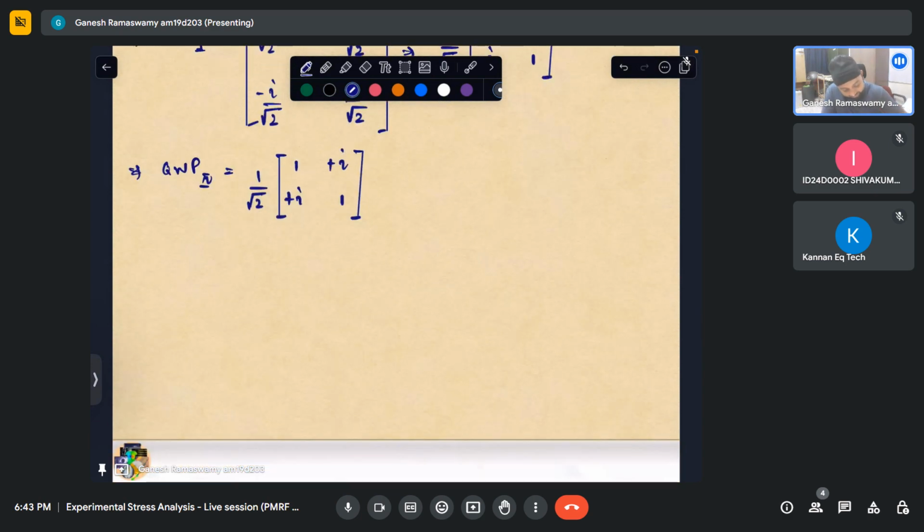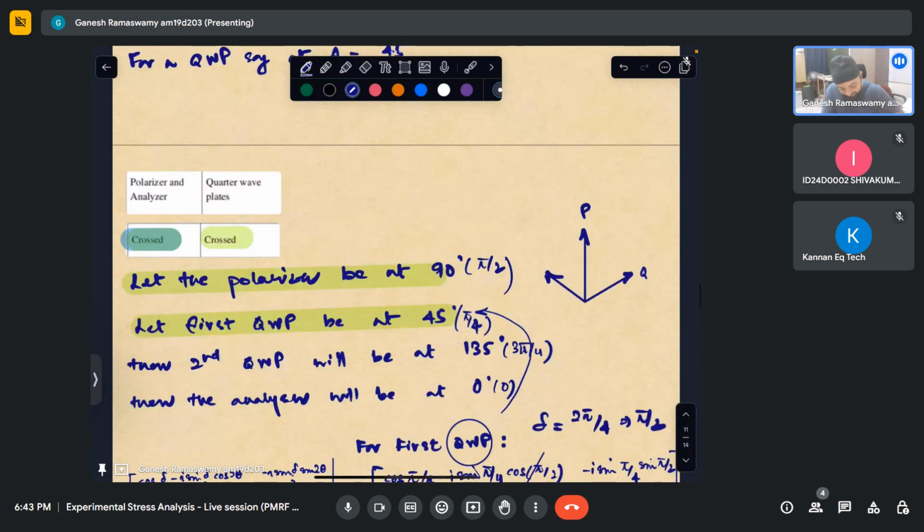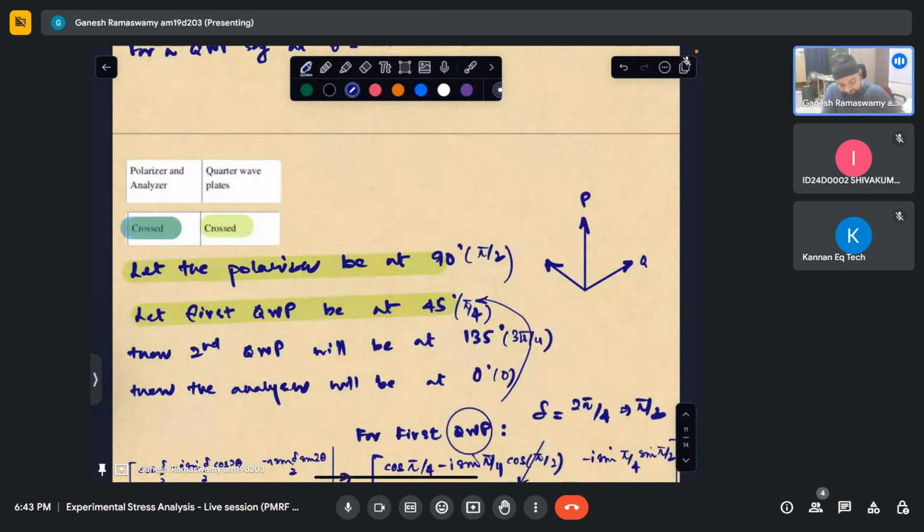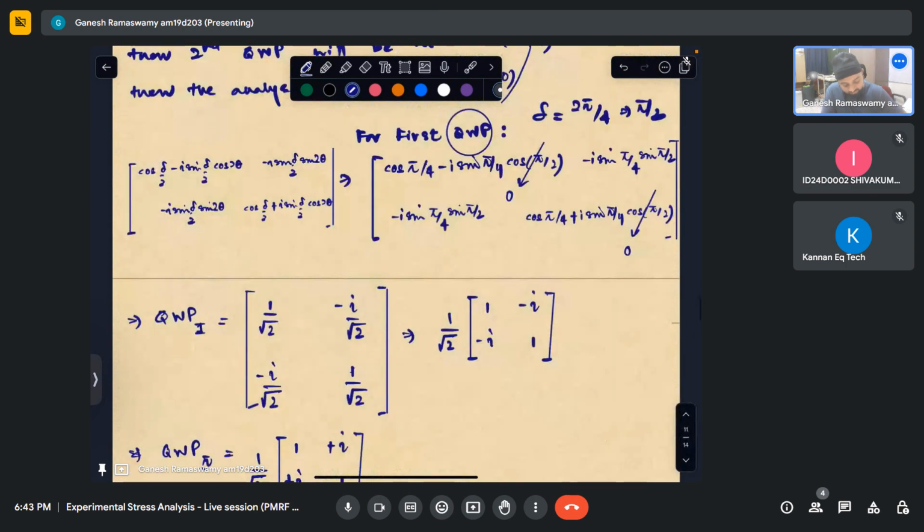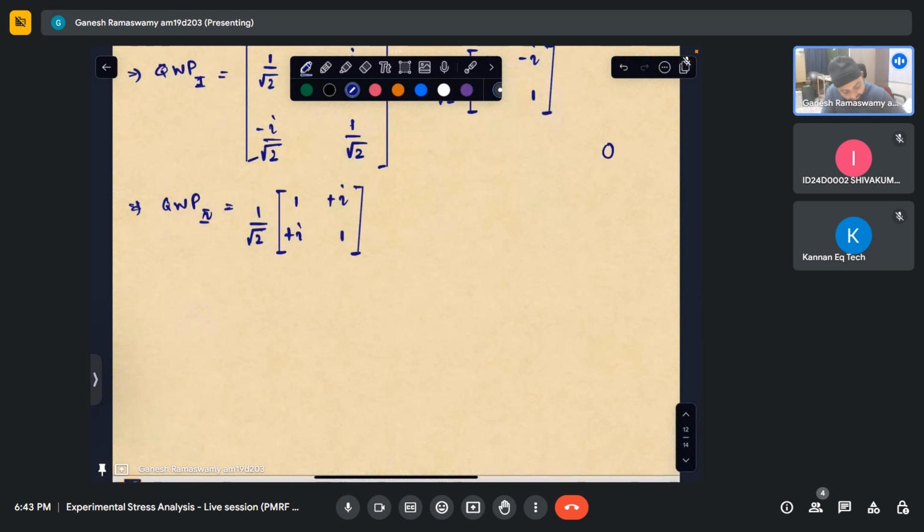Now let us analyze this crossed combination. Let our arrangement be like this. Polarizer at 90, then I have fast, slow, then I have the analyzer crossed at 0.